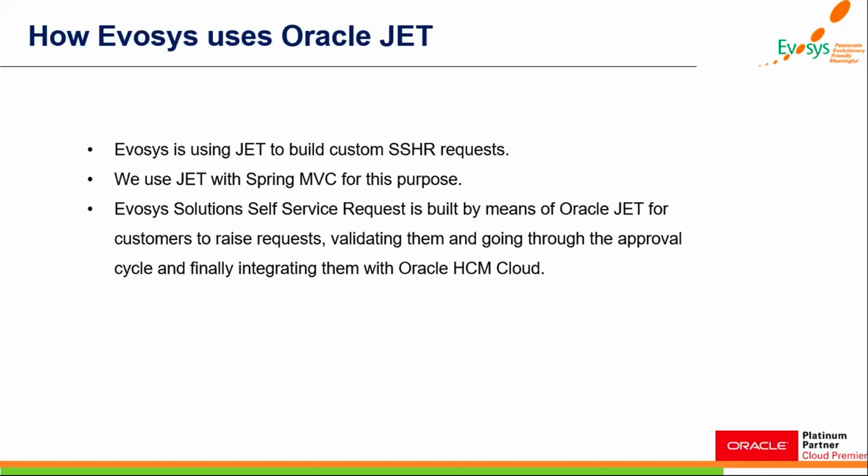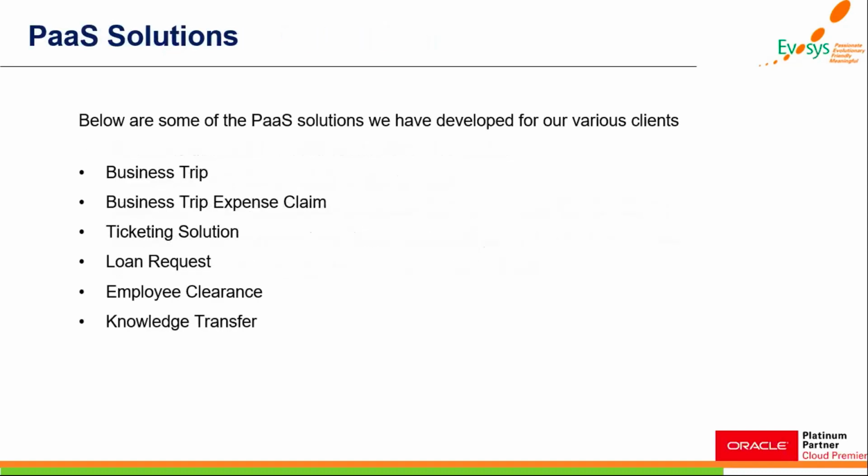We have a couple of requests. We've already implemented this for a couple of our clients, where we had custom PaaS requests for some self-service solutions. Some of them are over here. These are some of the past solutions we have implemented, and we have migrated these solutions to Oracle Jet.